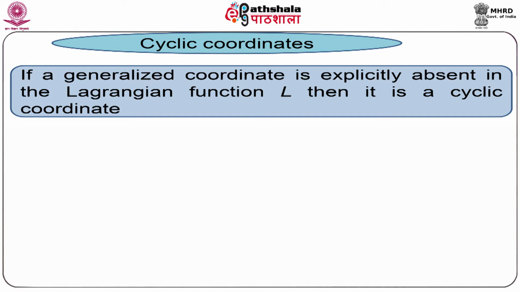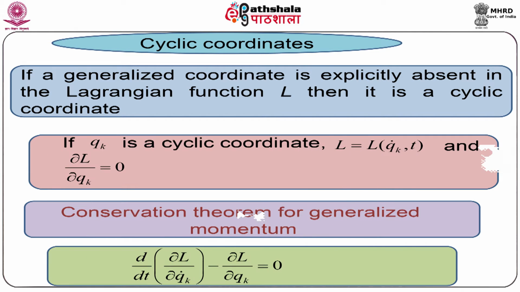Let us define cyclic coordinates. A coordinate qk is said to be cyclic or ignorable if it is explicitly absent in the Lagrangian function L. Thus, if qk is a cyclic coordinate, then L is a function of only the generalized velocity qk dot and time t.